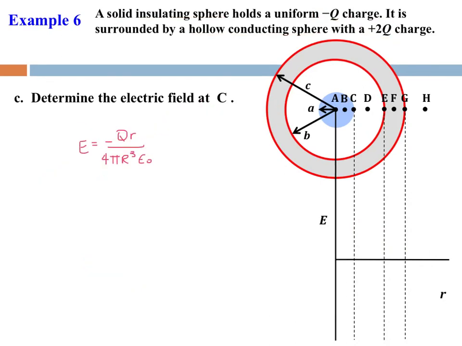Looking for the electric field at point C, we know that the radius of our Gaussian surface is going to be equal to A. The actual radius of the sphere is now also equal to A. So we can plug all of that in, and we can see that our A's will cancel.